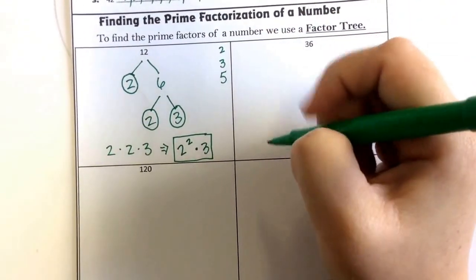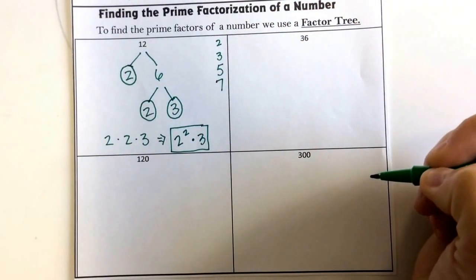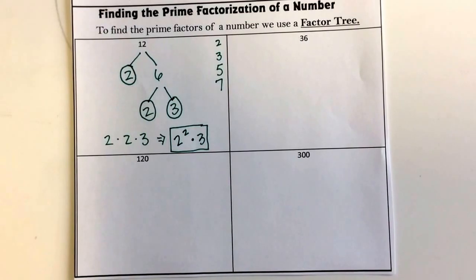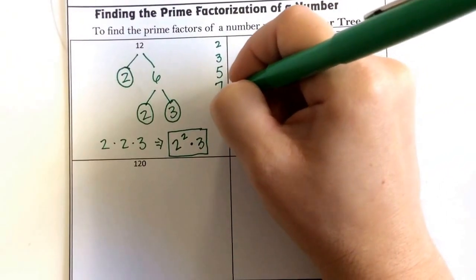Again, 6 can be divided by 2 and 3, so 6 doesn't work. 7 is prime. 8 can be divided by 2 and 4, and so then we go up to 9. 9 is not prime either because it can be divided by 3. 10 is not prime. It can be divided by 2 and 5. And then we move up to 11.